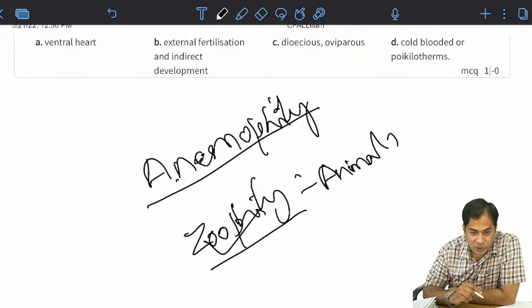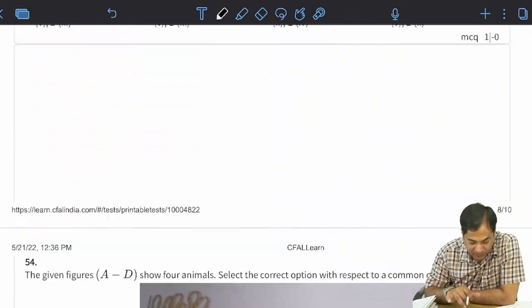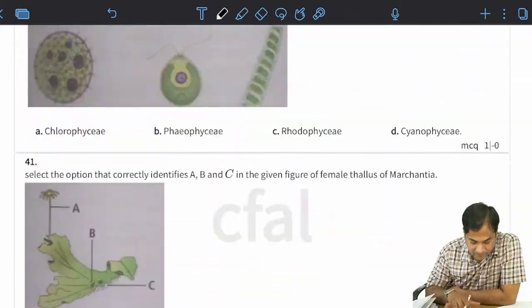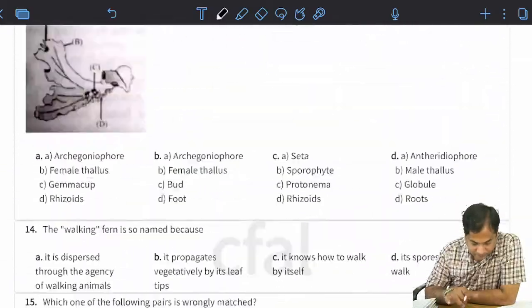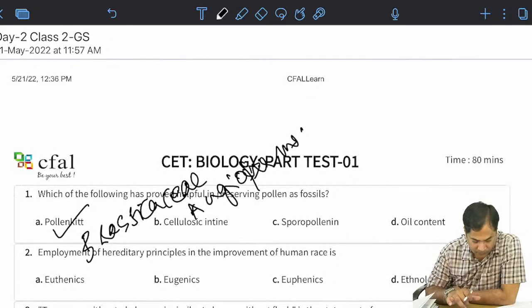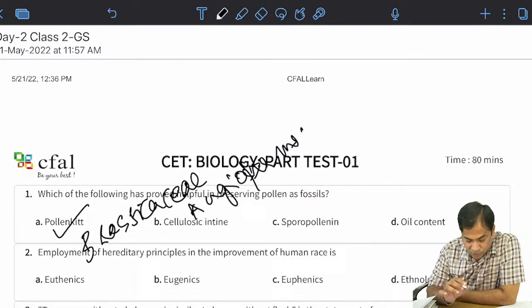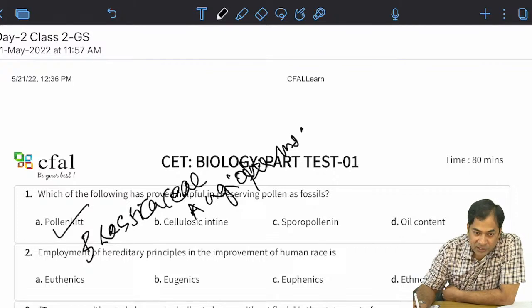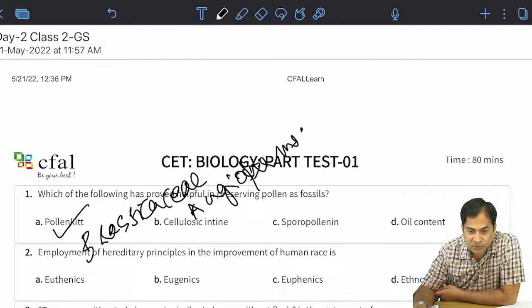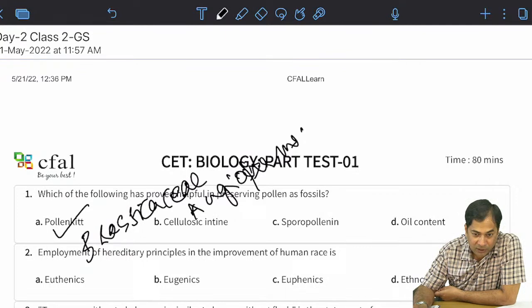So pollen kit will be the wrong answer, because just now I discussed what question they have asked here: which of the following has proved useful in preserving pollen as fossils. For preserving something as fossils, it should not deteriorate over time; it should remain as it is for millions of years.